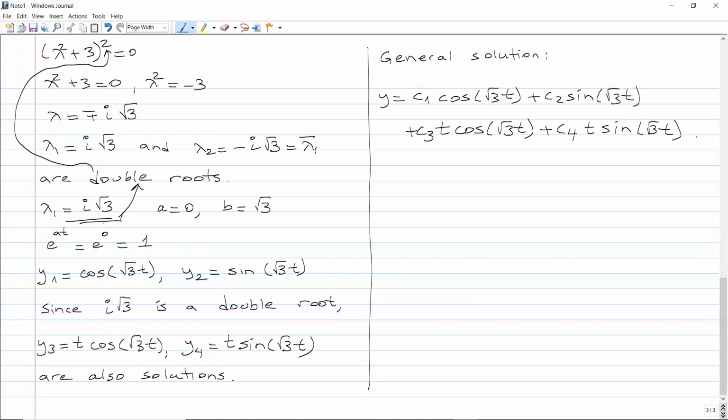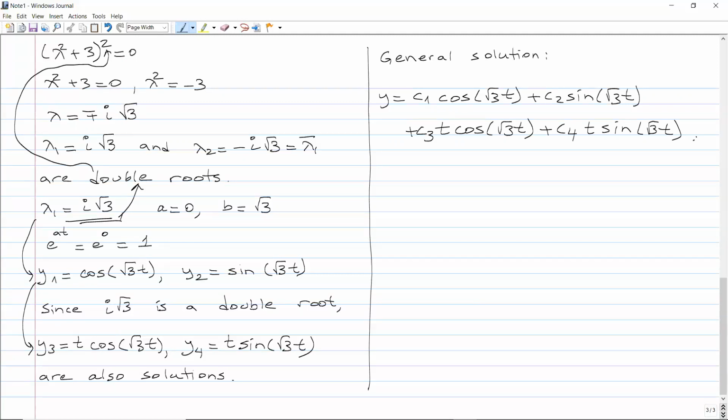So when we have a complex root which is a double root, we write the solutions corresponding to the complex number lambda, and then since it's a double root, we multiply each solution with t to get the other solutions.